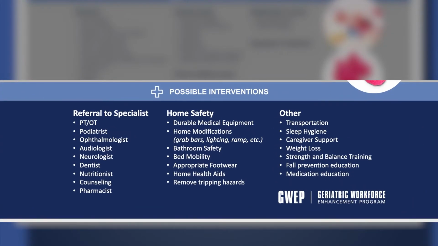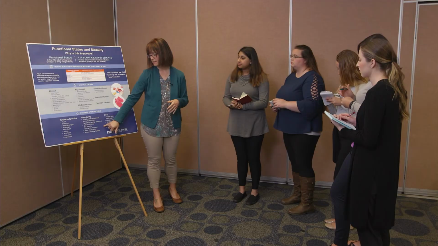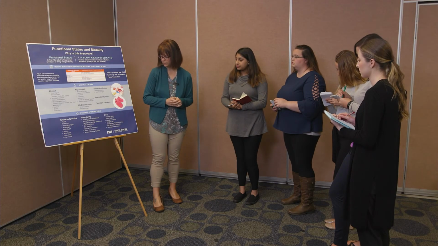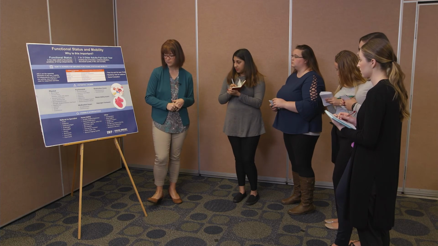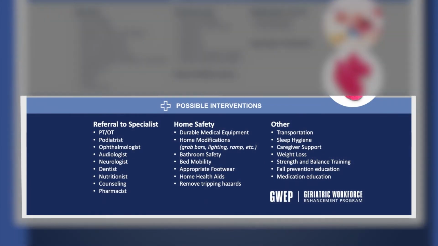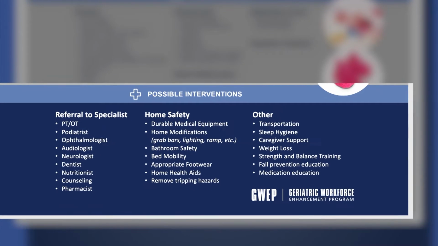Are they able to move in bed even? That bed mobility piece plays a role. Can we get a home health aide in, somebody to help with some of those home activities, the ADL types of things? Great. And then other things that we might consider is what can we do to assist in transportation? What's their sleep looking like?